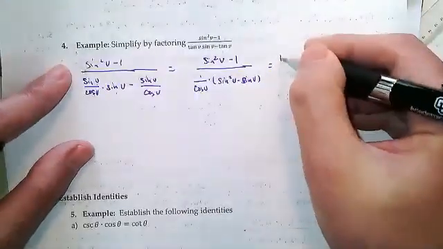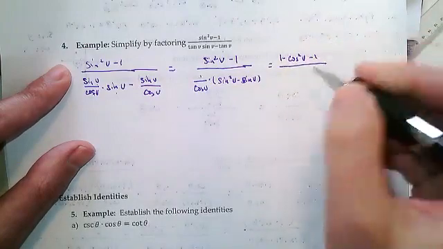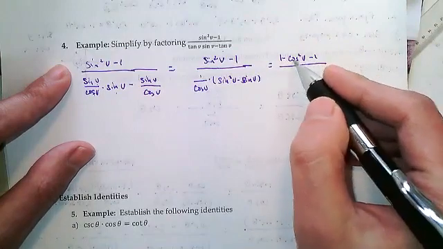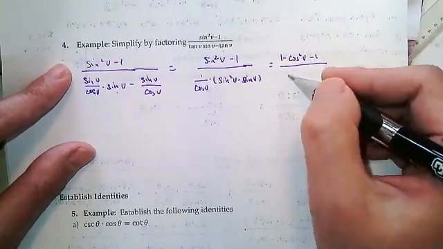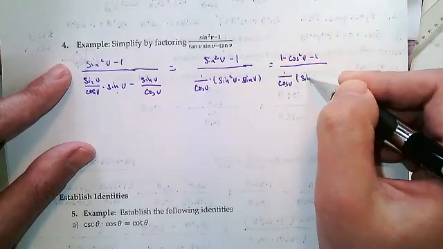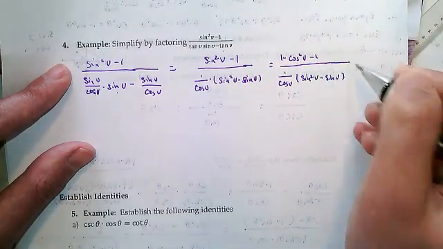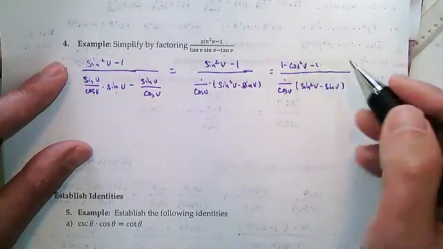Let me write down. 1 minus cosine squared minus 1. 1 minus 1, so you get a negative cosine squared. Again, copy what is in the bottom. You have negative cosine squared here.